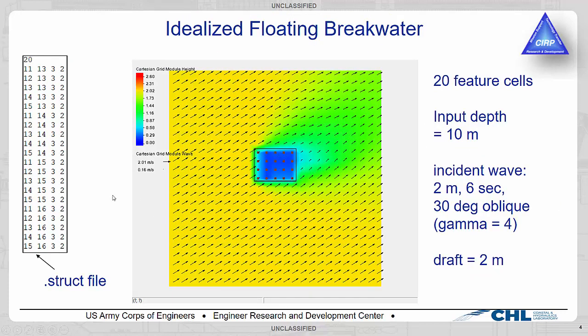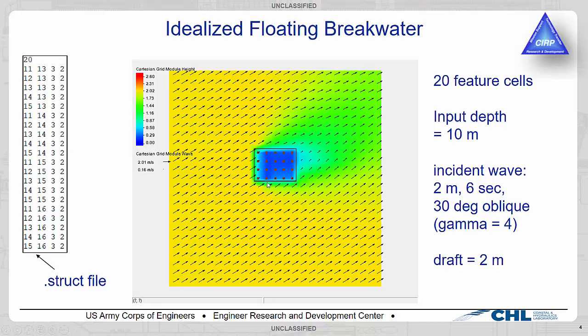The next option that I'm showing is an idealized floating breakwater. There is an option for floating breakwater in the list within the SMS, so I chose that value, and it has a modification option for draft, so I turned that on and inserted a 2-meter draft. When the files get written out, the structures have the same 20 cells, the I and J's are the same, however the third column is now all type 3, and the modification value is all 2.